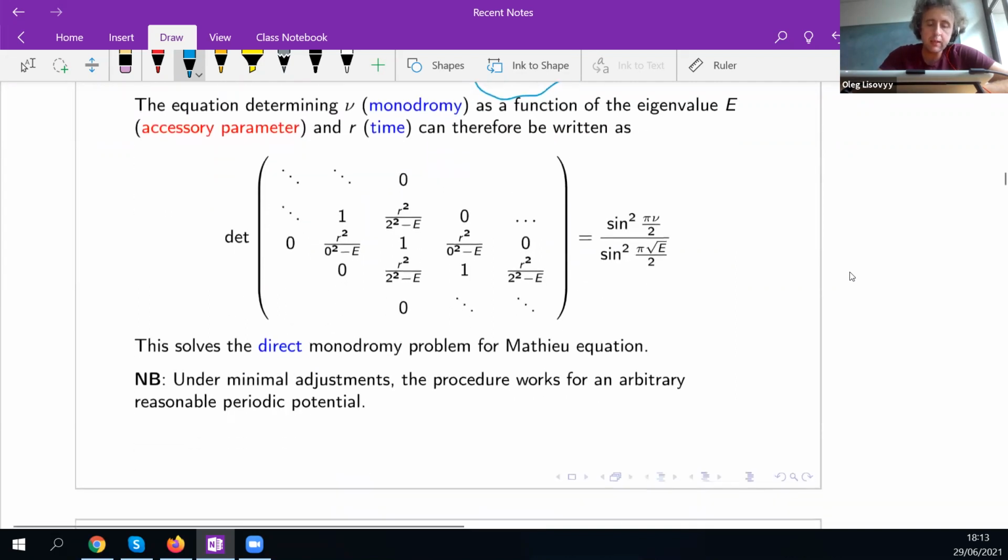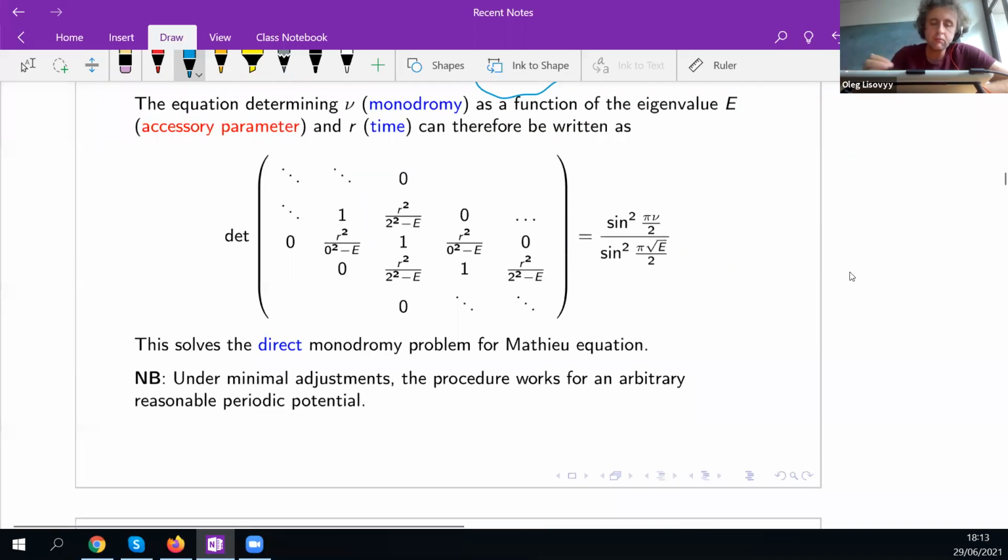And so we can rewrite the equation determining the exponent nu in terms of the accessory parameter E in this way. So we have this, and the rest is a function of only energy. So at least formally, we have solved completely the direct monodromy problem.